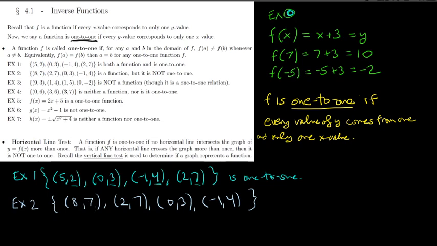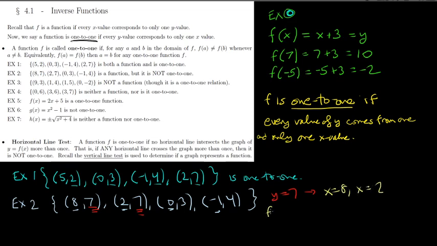Notice that this is a function because 8, 2, 0, -1 are all different. None of the x's repeat. But the y values repeat here. We have y equals 7, but that comes from two different x values, both x equals 8 and x equals 2.